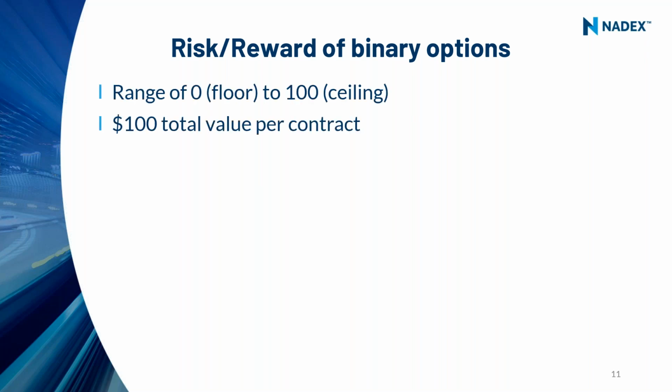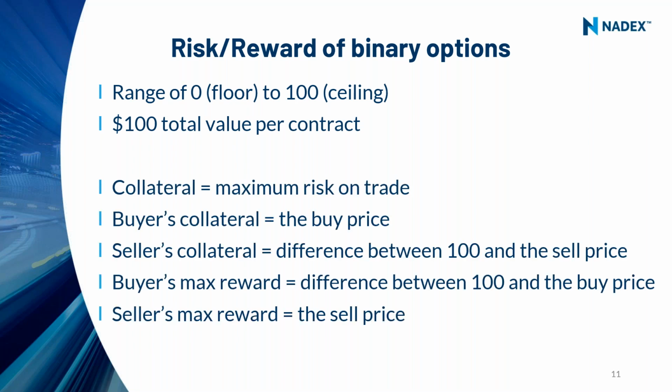Because a binary option at Nadex will trade between 0 and 100, and the total contract value is 100, in the end, if it's true, it will go to $100. And in the end, if it's false, it will go to $0.